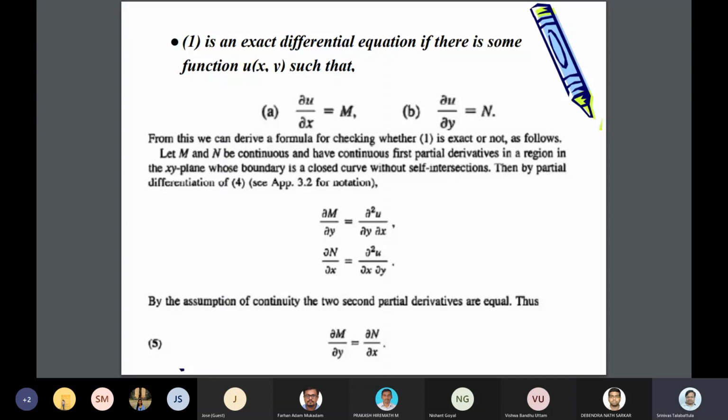Under some conditions on u, you can equate them. Okay. Then you have dou m by dou y equals dou n by dou x. Okay. We are trying to construct back. Okay.